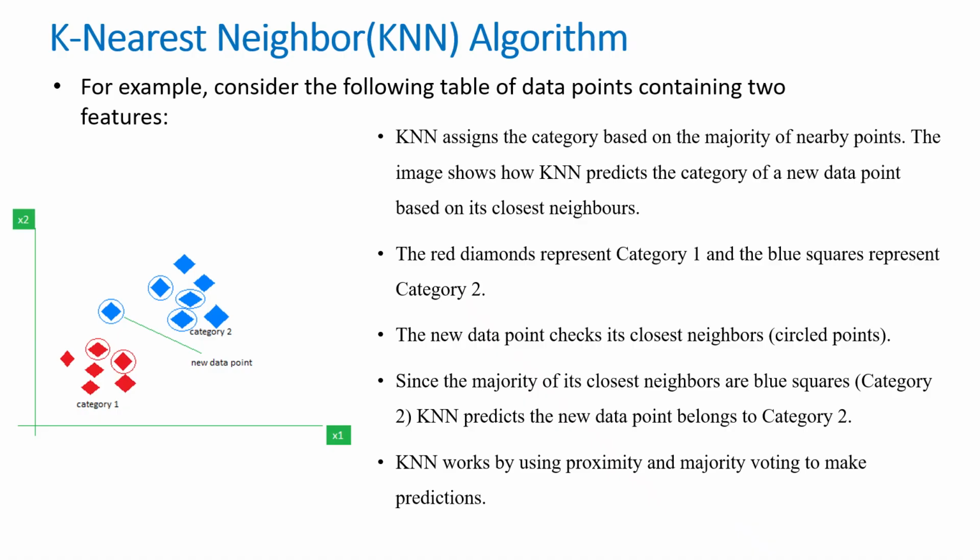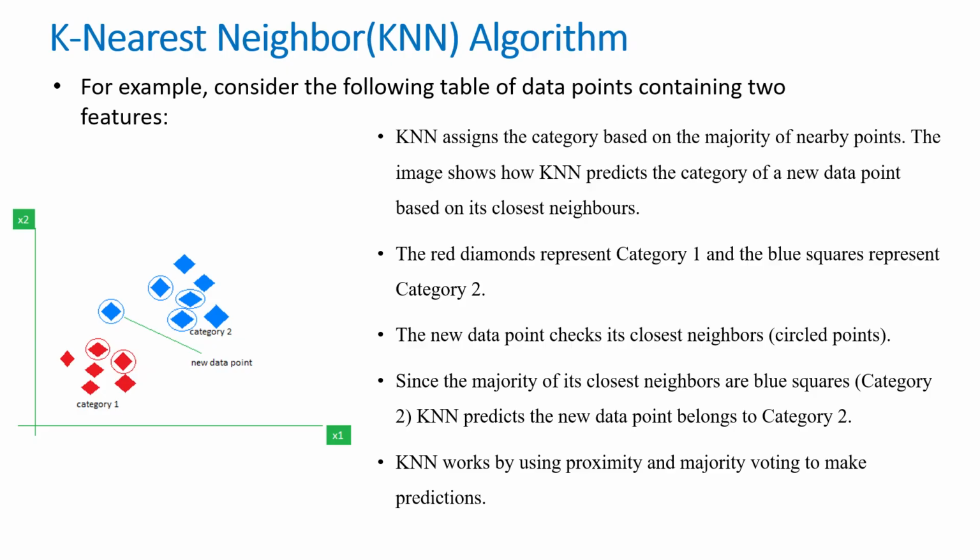Here is another example, where there are red diamonds and blue diamonds. Now a new data point has been given, and we have to choose which class it needs to be assigned to. We have chosen the k value here as 5. So we choose the 5 nearest neighbors.